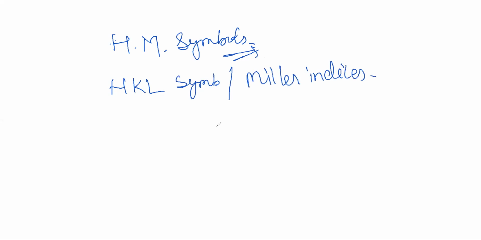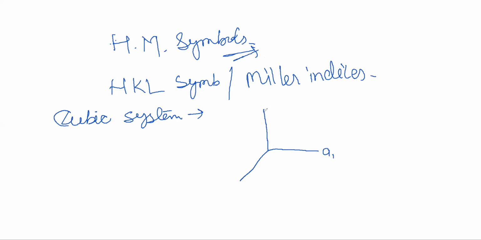All right, so before we start this HKL or Miller indices, let's have a look first at these crystal systems. Let's see the cubic system. So in this, what happens? All the three axes are equal: A1, A2, A3, right?